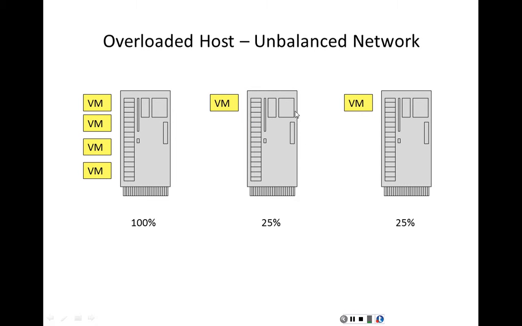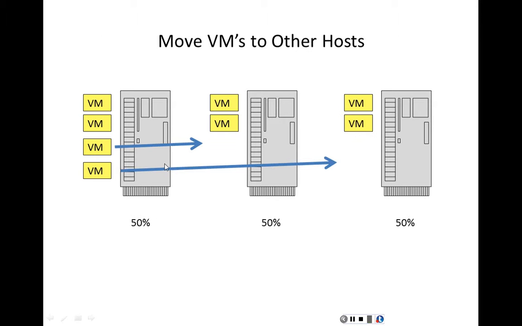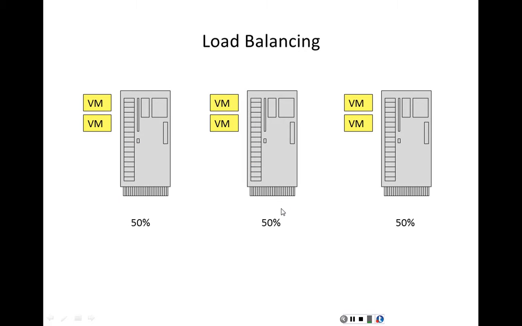So here's the example. We've got 3 ESXi hosts. One of them is running at 100% capacity. The other 2 are running at 25% capacity. We can use vMotion to move these virtual machines from the more busy ESXi host to the less busy ESXi host to load balance those ESXi hosts.